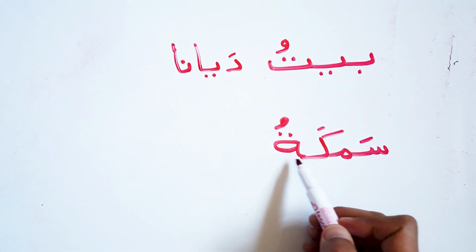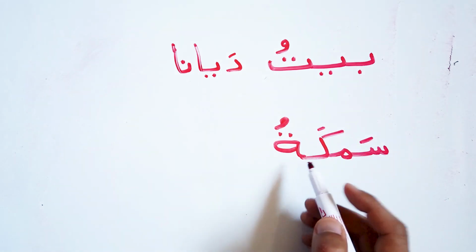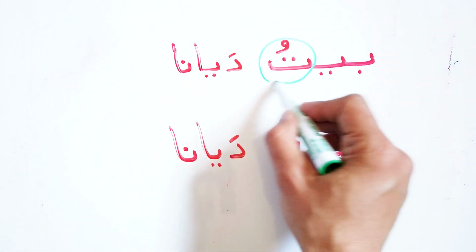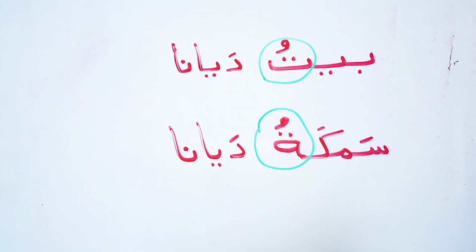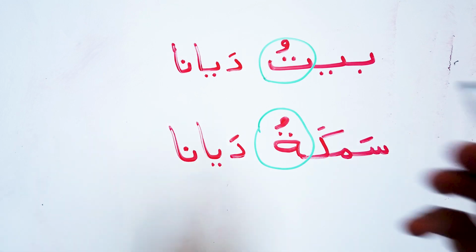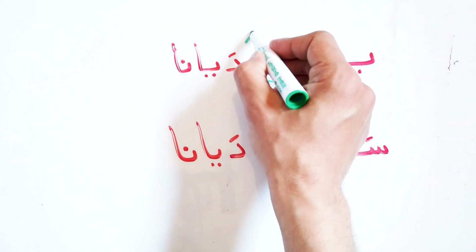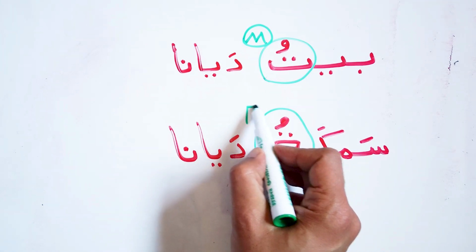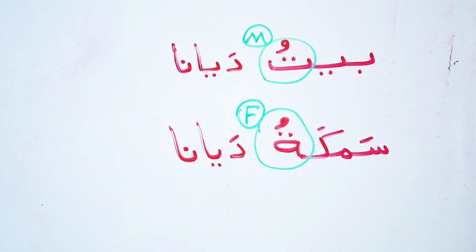My advice is when you learn a new word, you must know if it's a masculine or a feminine word. Like this, it will be super easy to identify if the word ends with تاء مربوطة or تاء مفتوحة. Here it is تاء مفتوحة because this word is masculine. And here it is تاء مربوطة because this word is feminine.